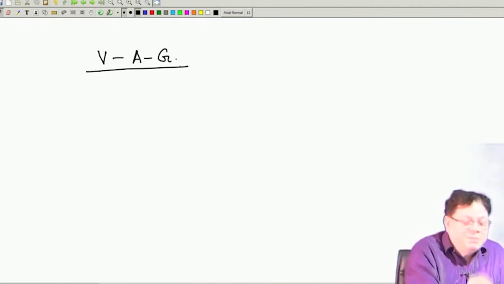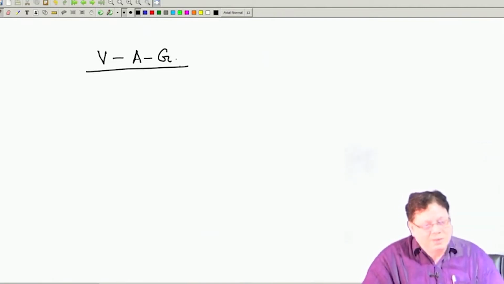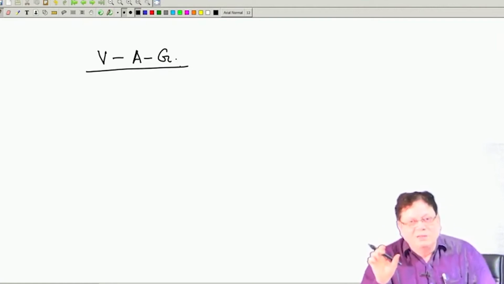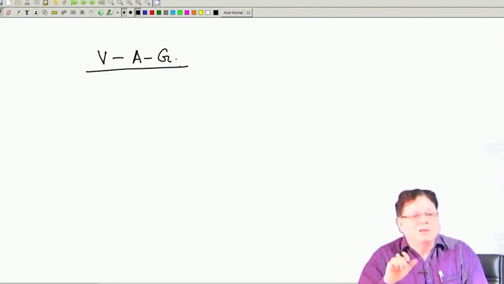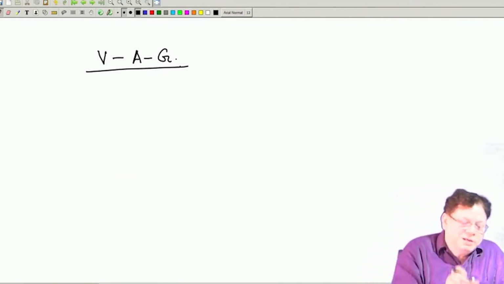Suppose I want to make a peptide which has V and then A and then G. This is a tripeptide, valine, alanine, glycine. Okay. So, it is now the reverse problem. Earlier I had a peptide, I wanted to know the amino acid sequence. Now I want to make a peptide with a defined sequence.